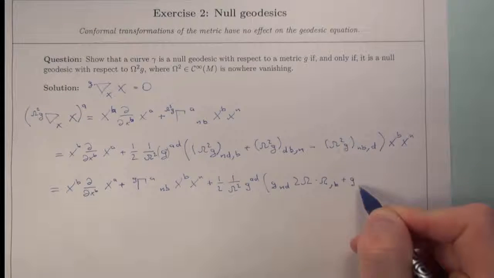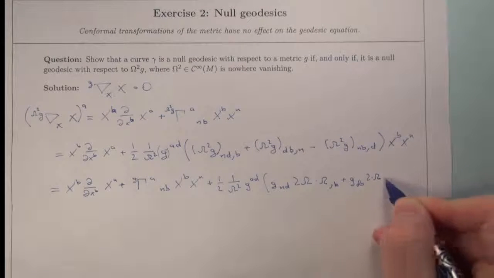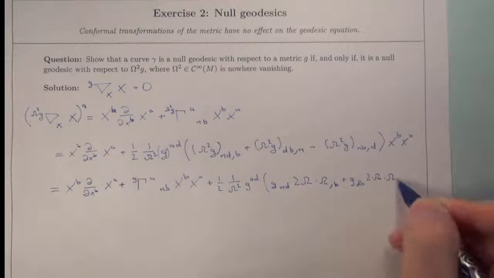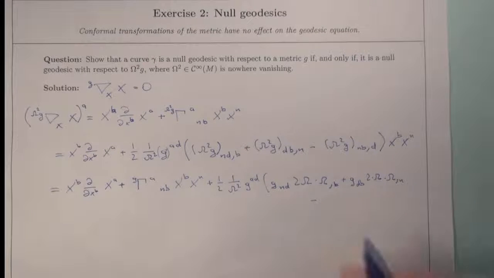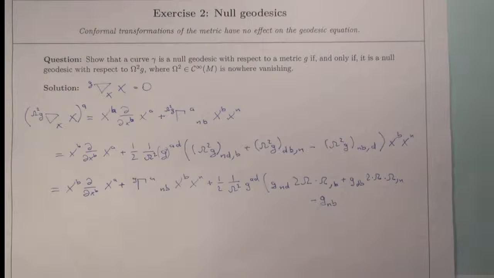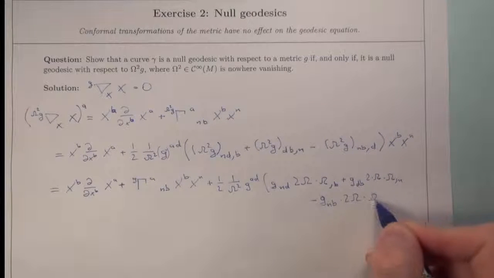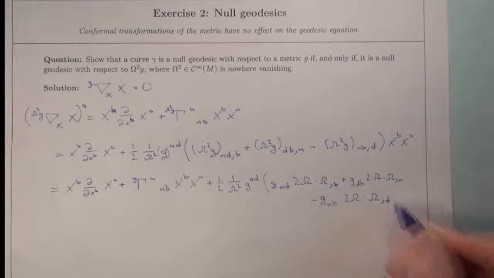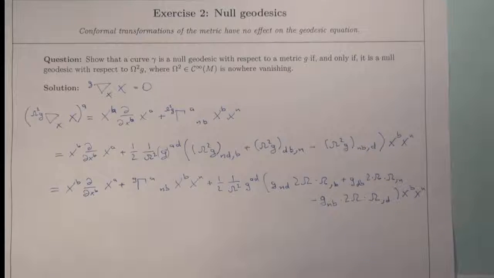That means g db twice omega times omega n. I continue here, minus the g nb now times 2 omega times omega d, and don't forget the xb xn.